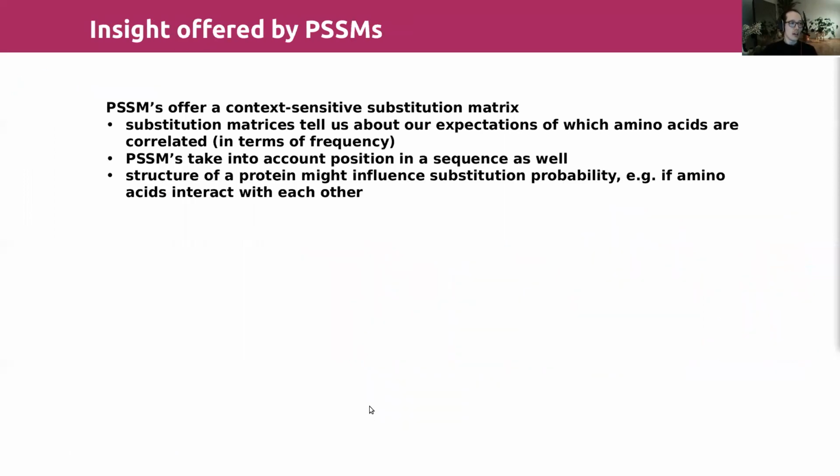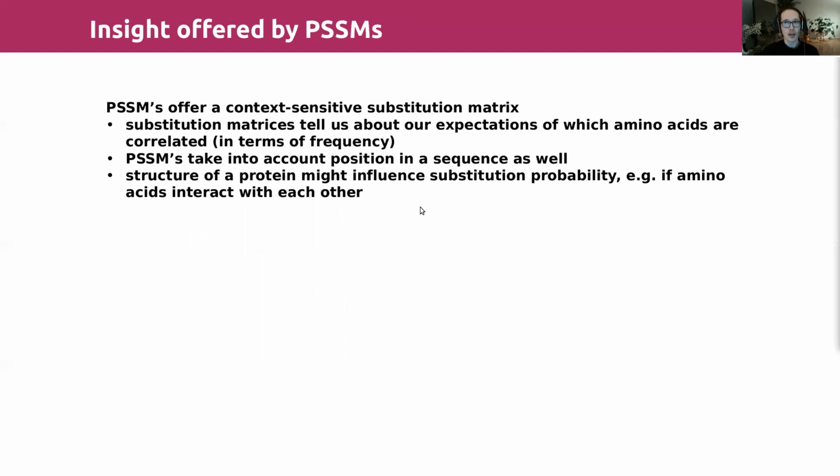If you're wondering why this is useful, the insight that's offered by PSSMs really comes from this context sensitivity. You can think of it like a substitution matrix, but it's taking into account the fact that substitution probabilities change according to the position, and that this context has some influence. If you think about where that comes from, it's because the structure of a protein might influence the substitution probability.